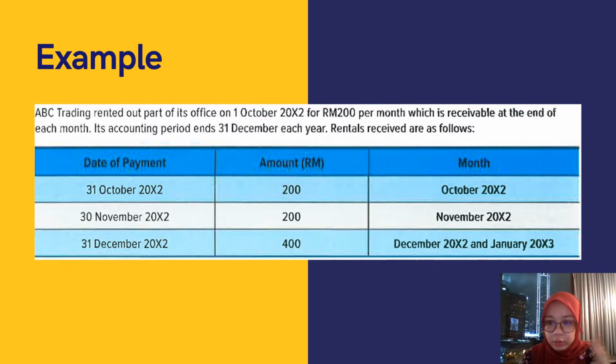The other 200 ringgit, the rental for January, we should transfer to the unearned income account, to be recognized as part of our unearned income current liability under the statement of financial position.